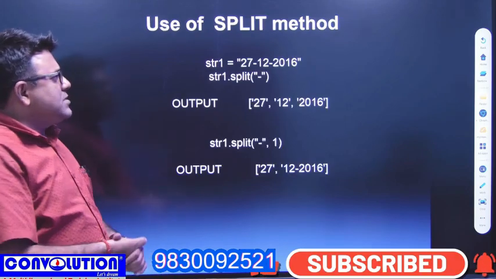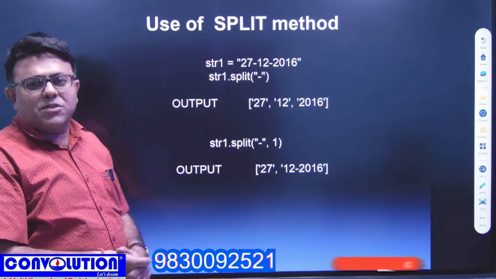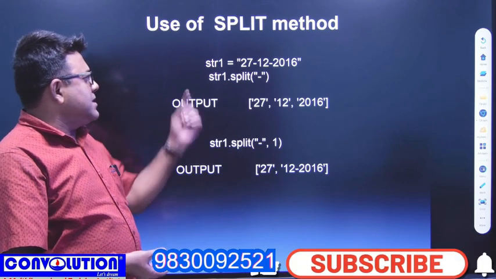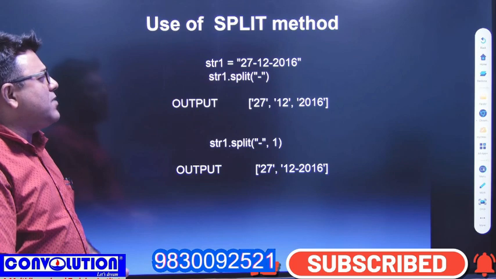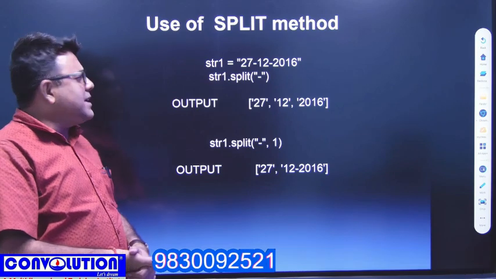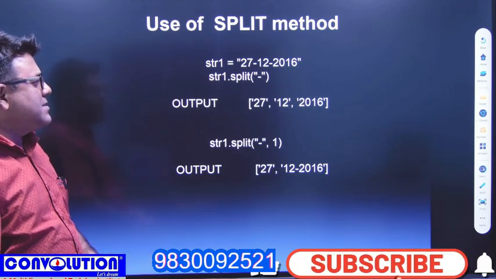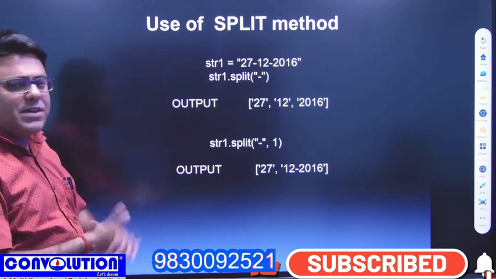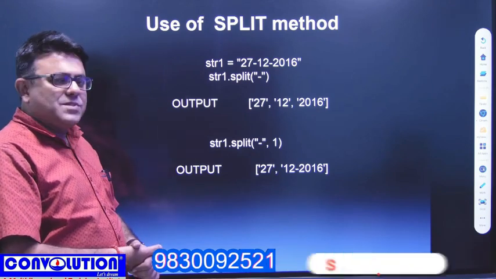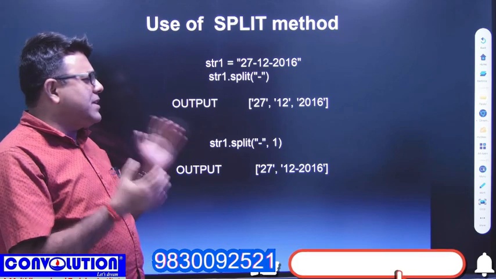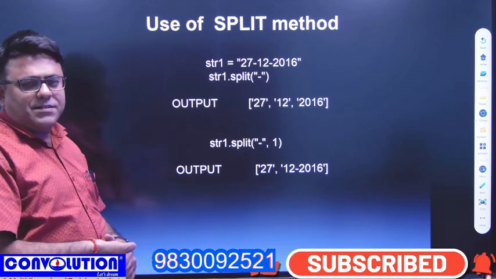Next, come to something called the split method. This is also a very interesting one. See, str1 equal to a date, 27-12-2016. Then I said str1 dot split, and inside the brackets, under double inverted commas, I said hyphen. Look at the output. In this case, the hyphen is treated as a delimiter.